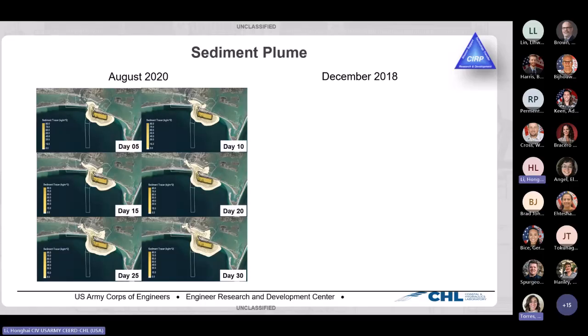Okay, here is the summer result. So the plume is shown every 5 days, because we run 30 days here. So in every 5-day step, you see the initial plume goes along shore, east to west, and then some moves into the sound area, the bay area.